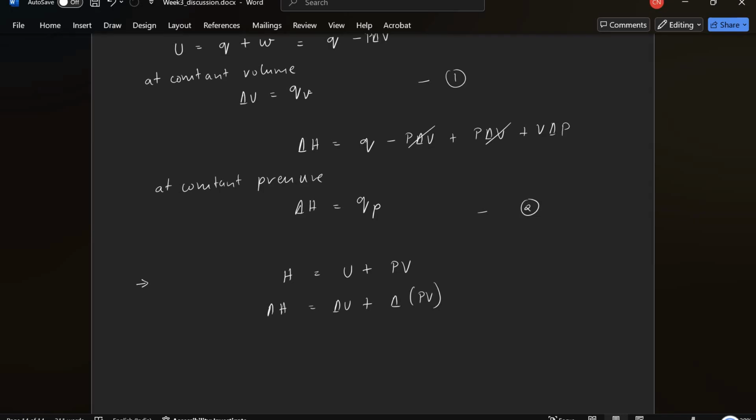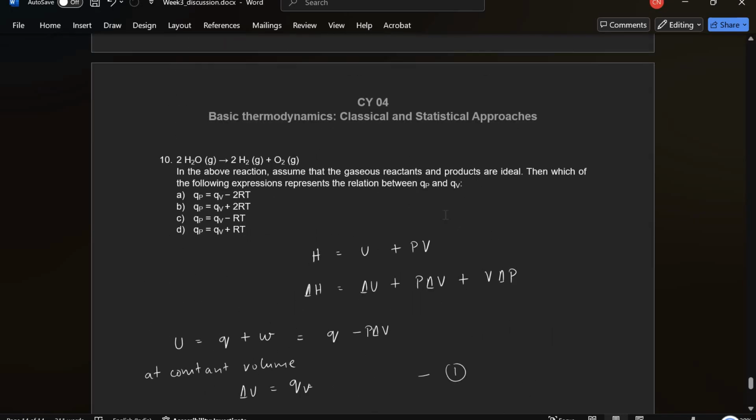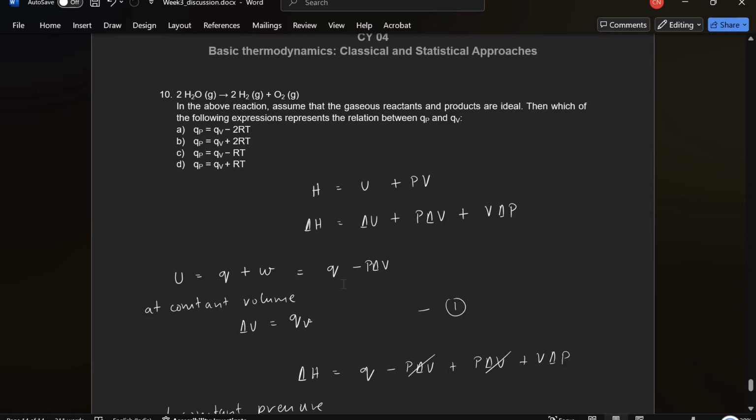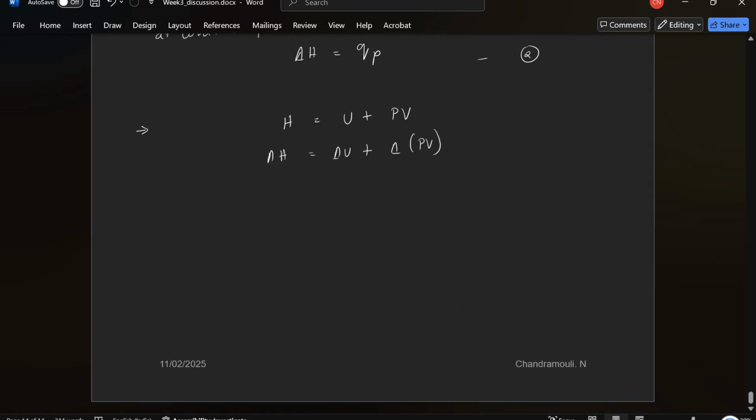Now in this question, we are considering the reactants and products as ideal, so we can use the ideal gas equation. PV is equal to nRT. So then this would become delta U plus delta nRT. As you know, temperature is going to be constant, R is the universal gas constant, and delta n is going to change in the reactions.